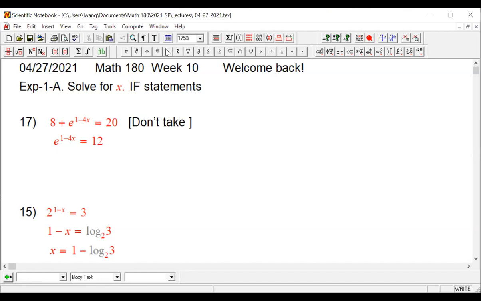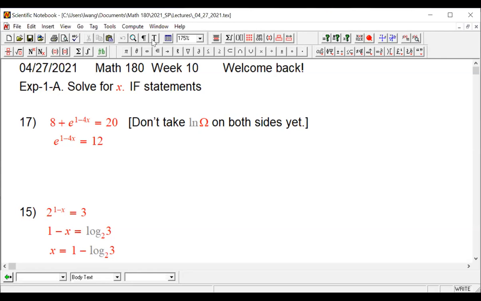Don't take logarithm. Don't take ln on both sides yet.